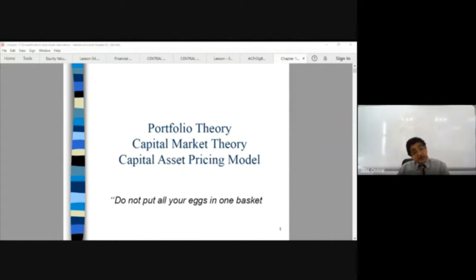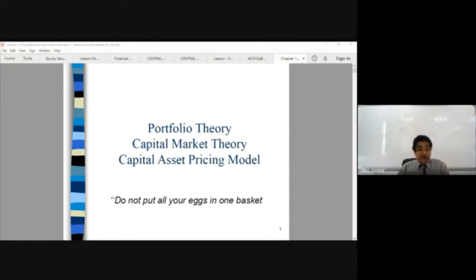That return is known as the equilibrium return. So when you have those two variables, beta is taken as the independent variable and it is represented through the horizontal axis, and the other one is the return, the equilibrium return, which is represented through the vertical axis.